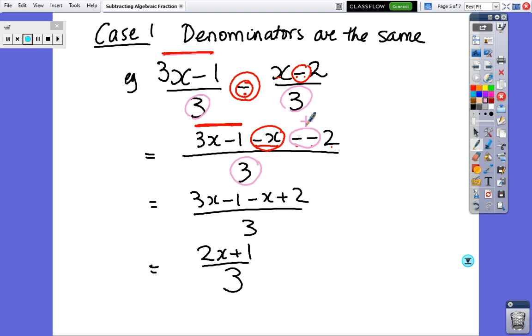So we've got 3x minus 1 minus x plus 2, then 3x minus x is 2x, and minus 1 plus 2 equals plus 1. So the answer is 2x plus 1 over 3. Okay, so you'll get some practice on that. You're going to get minus and minuses, so just be ready for it. Come across when you're ready.